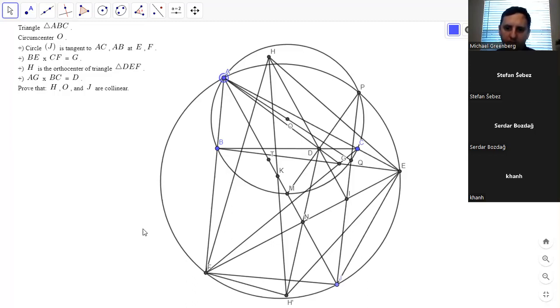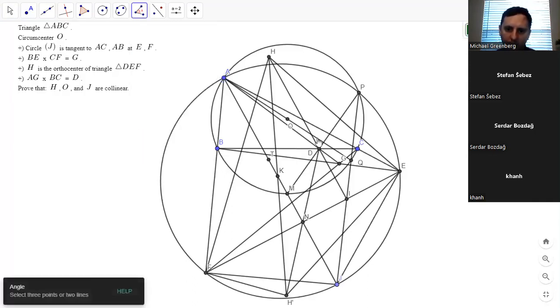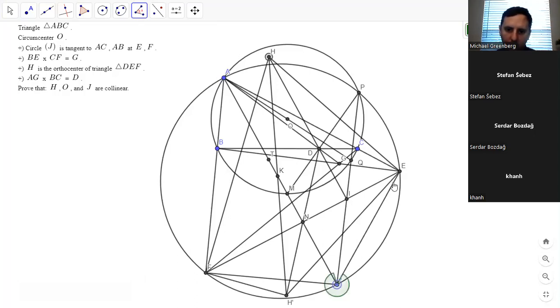I wonder if there's some other thing that's like isogonal.